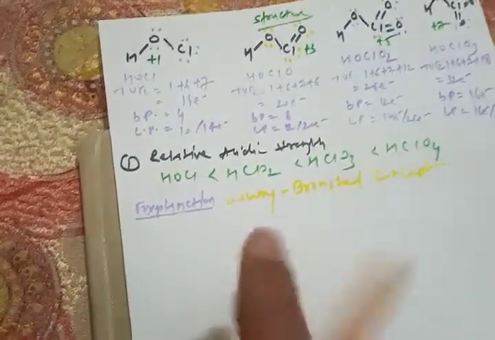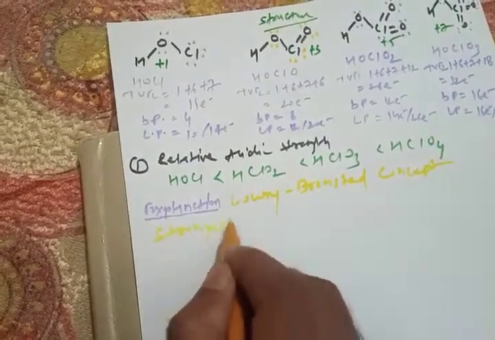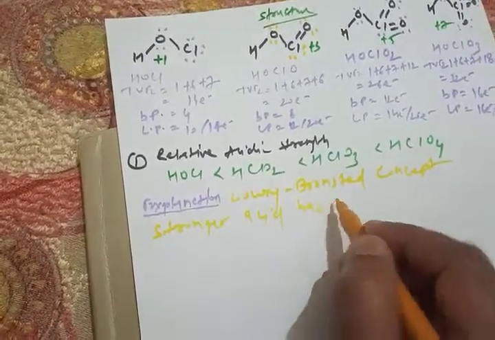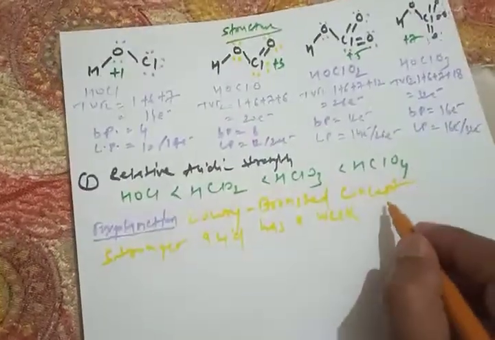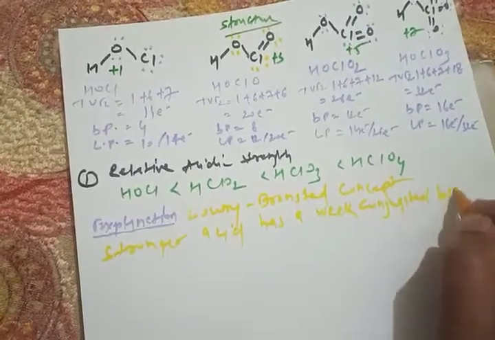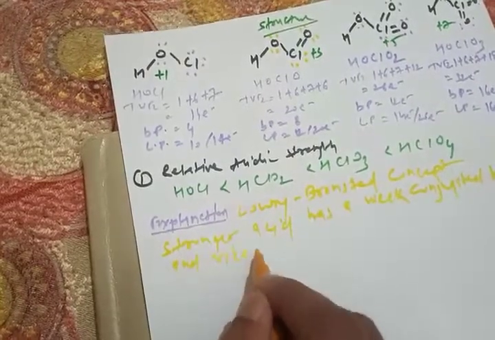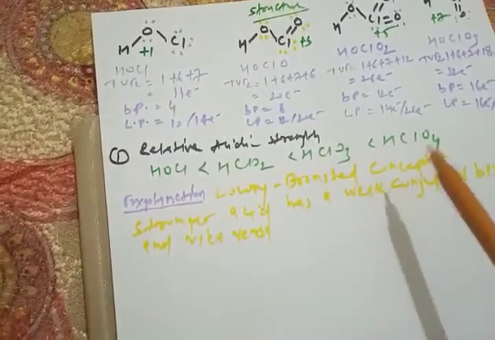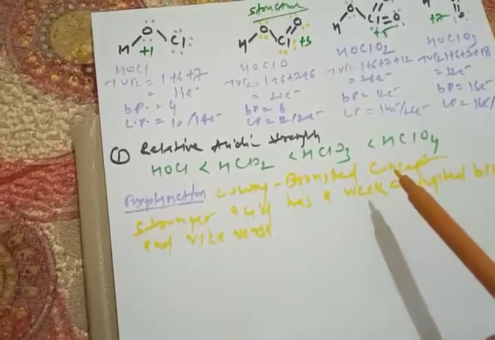And what was that? A stronger acid has a weak conjugate base, and so is the vice versa. Okay, so in this case the stronger acid is HClO4, so it has the weakest conjugate base.